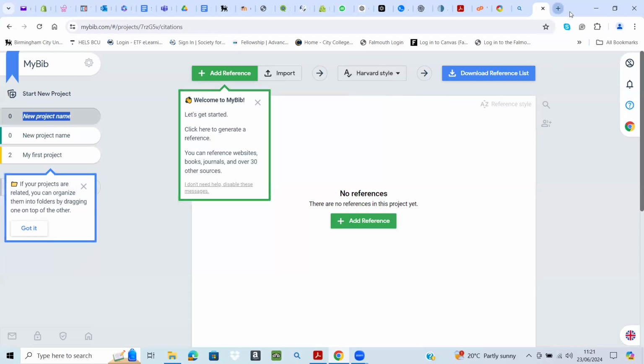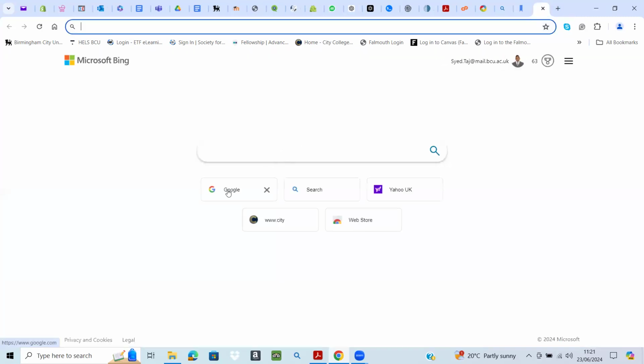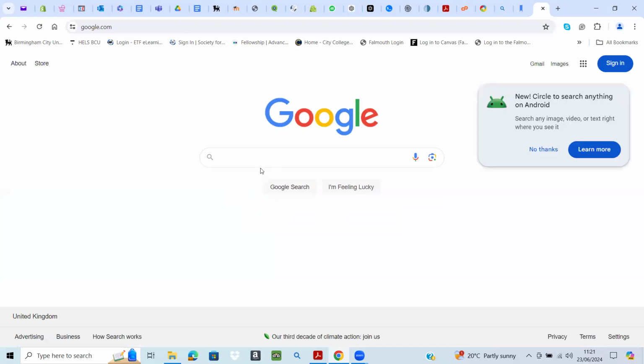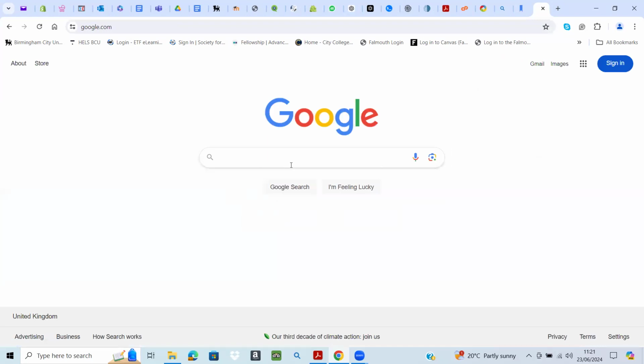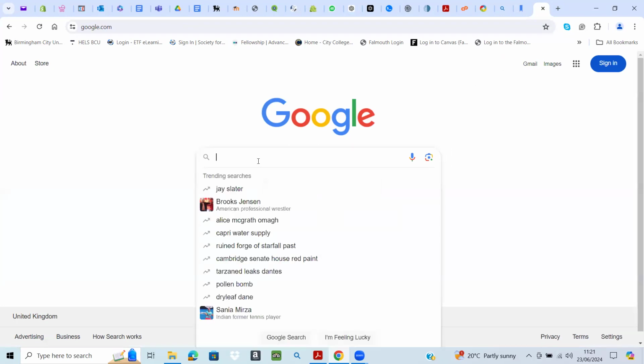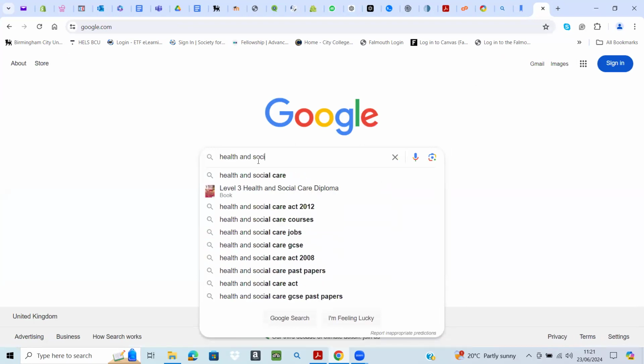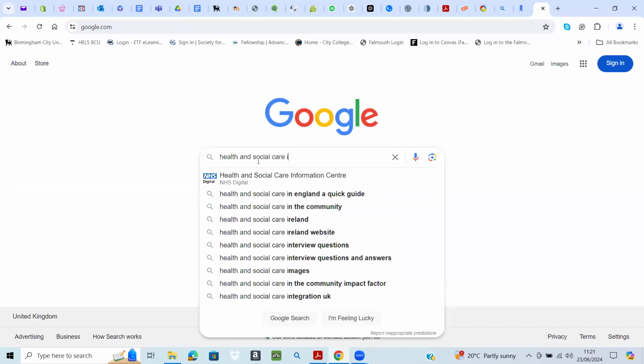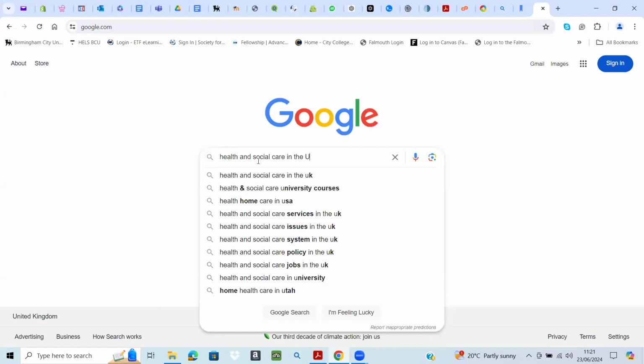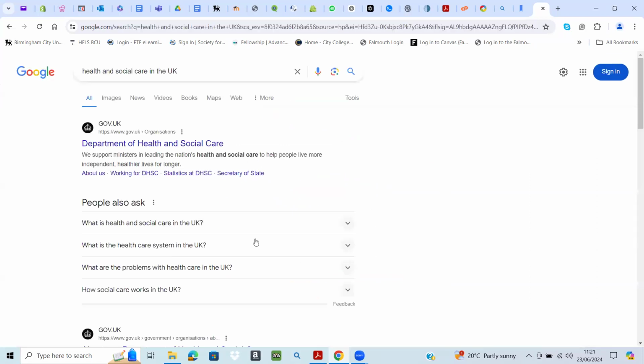And for example, if we need to use some books, what we can do here, for example, if you are searching about health and social care in the UK, if our topic is related to this, we could gather the information or content from credible or reliable sources.